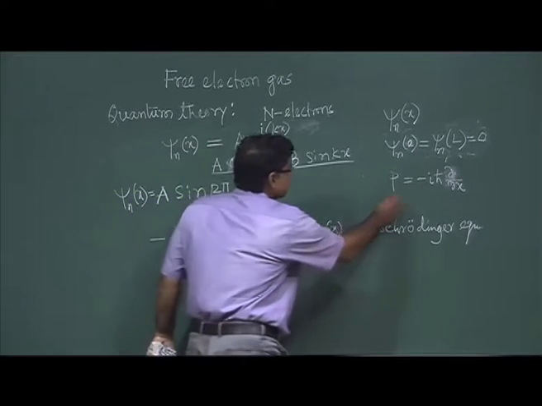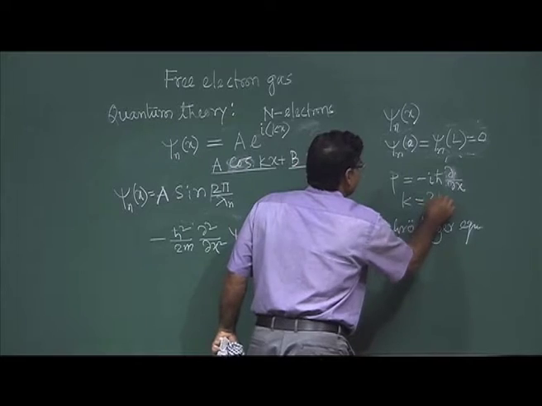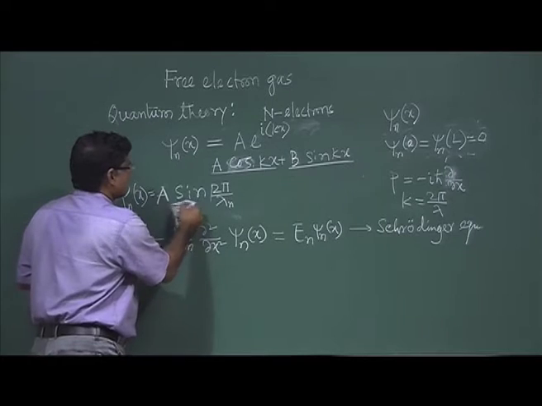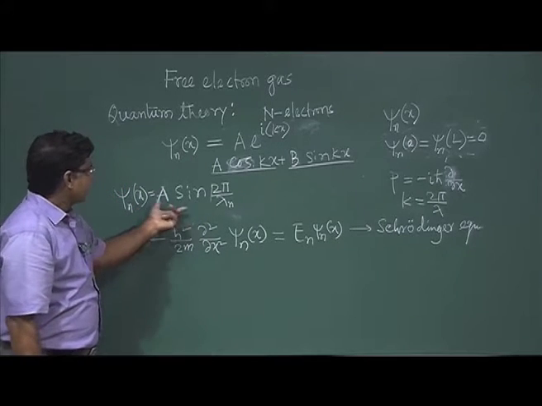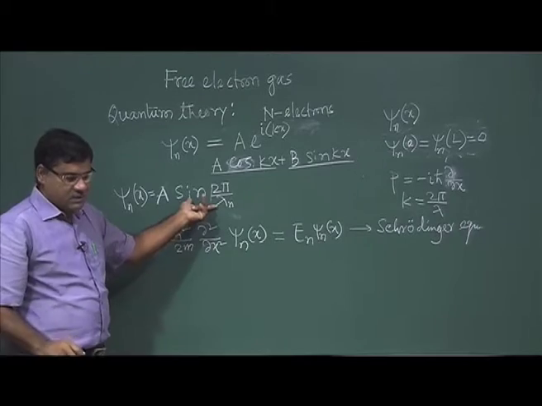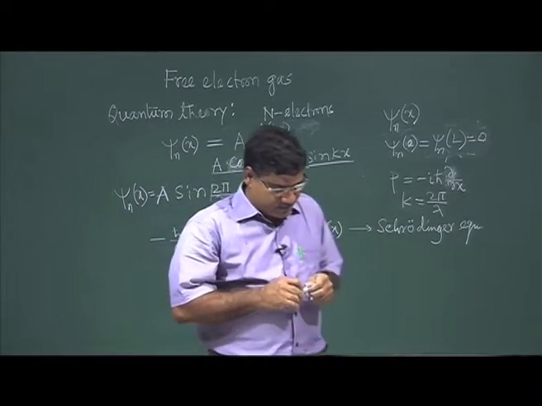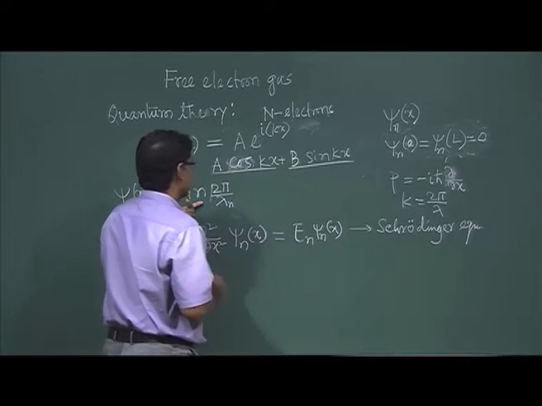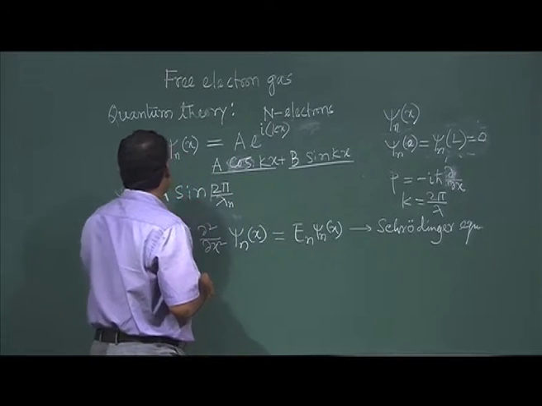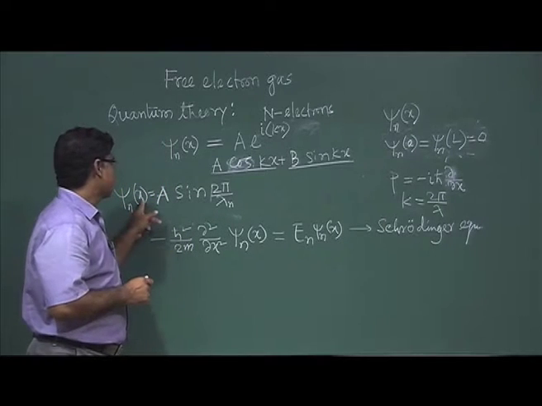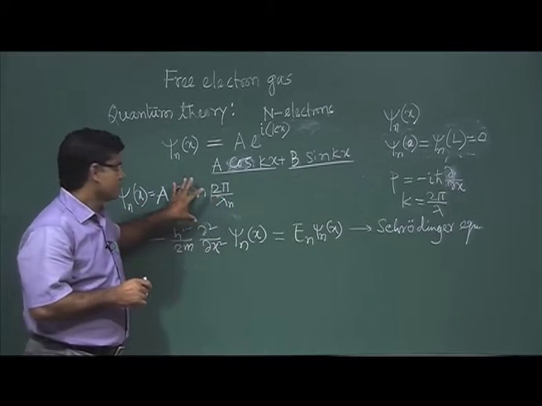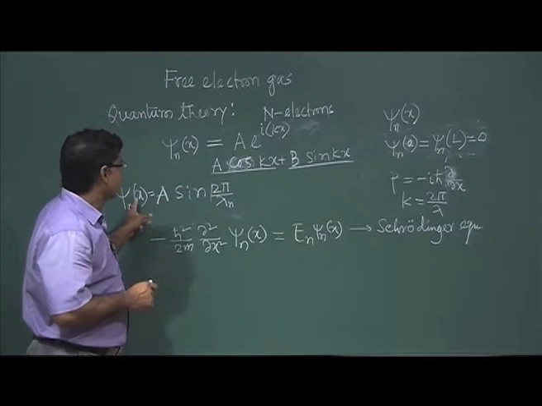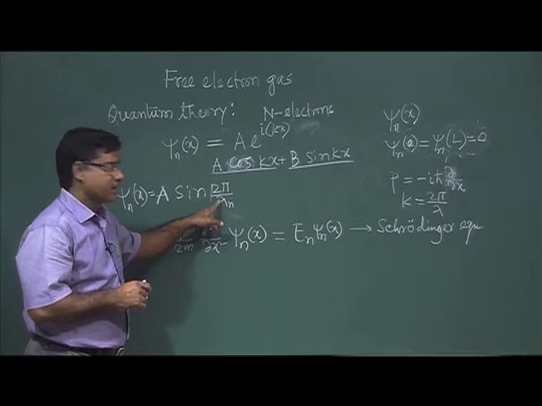So if I take this form, you can see that at x equal to 0 this has to be 0, and at x equal to L also this has to be 0, right.